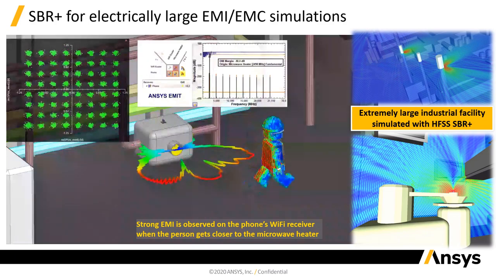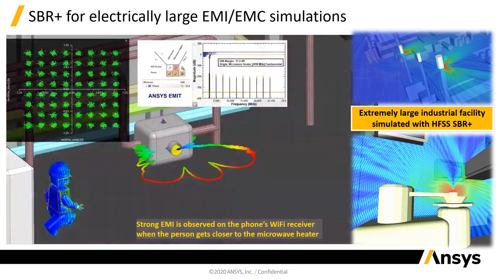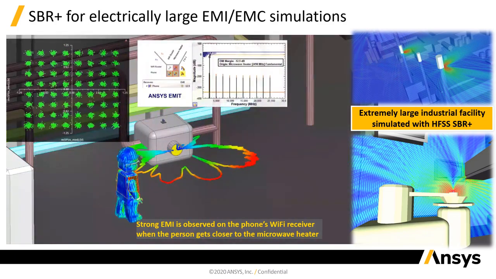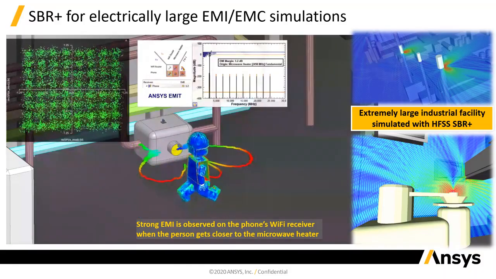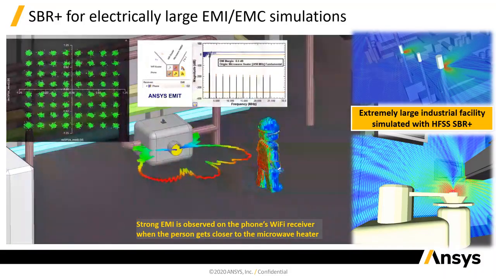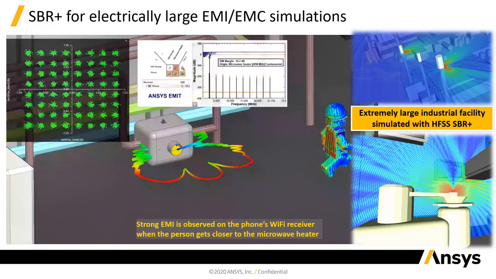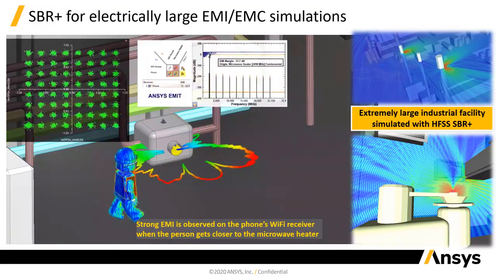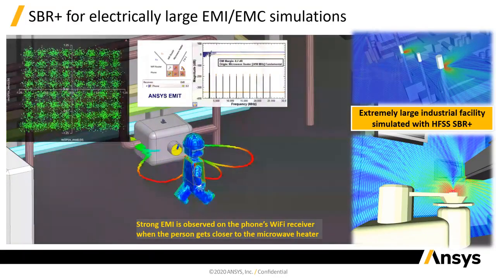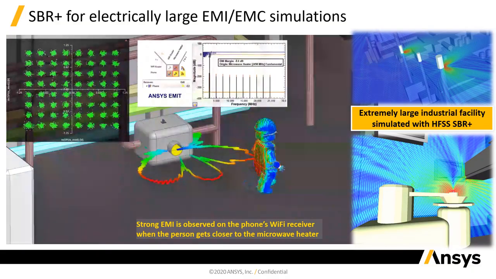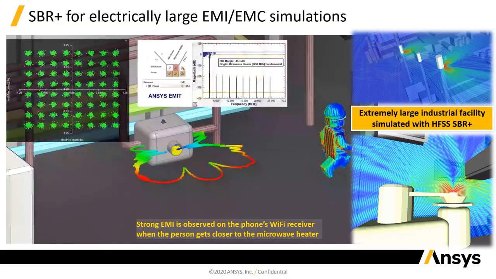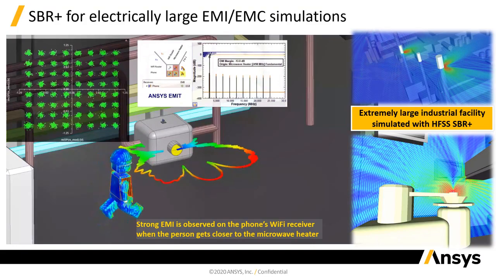That's because of the interference generated by the microwave heater. We can also see on the interference matrix that we have interference between the microwave heater and the phone, and if you click on that, you see the EMI margin that we have at any given distance from that noise source, which is the microwave heater.